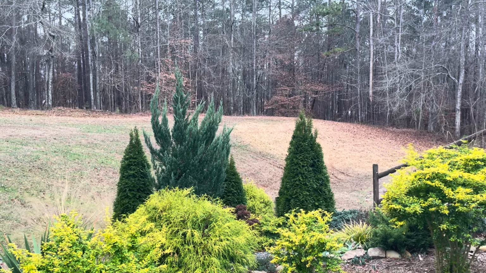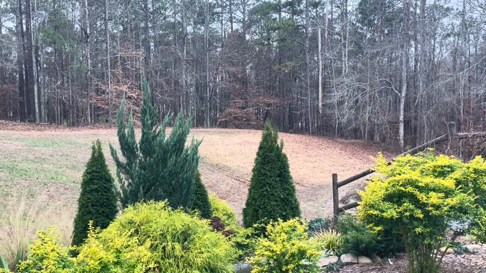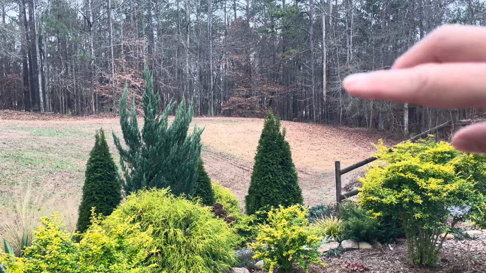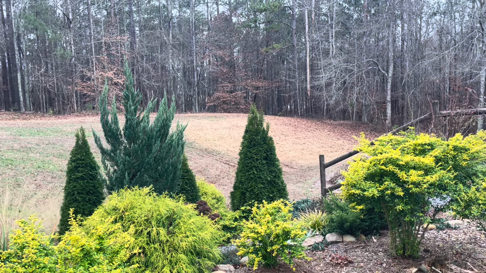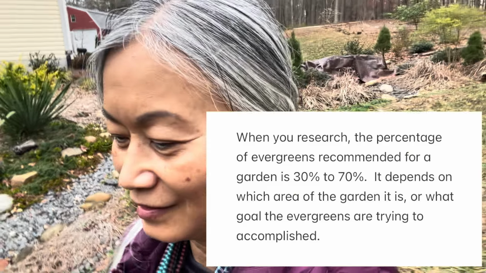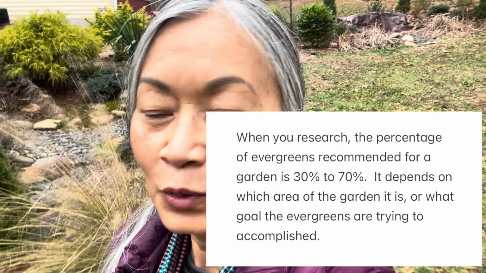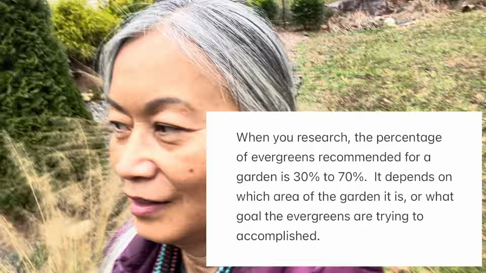So what do you think of this space? Do you like the contrast, or do you think that the two should pretty much mirror each other? I think it all just depends. It depends on your preference. It depends on your goal for adding evergreens.